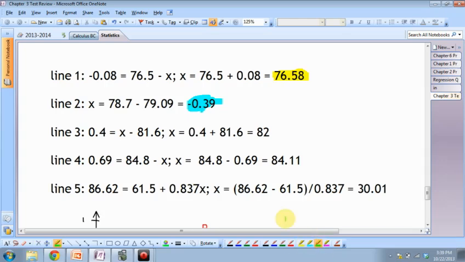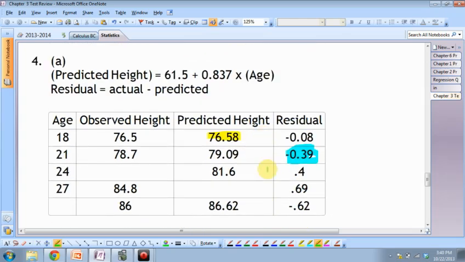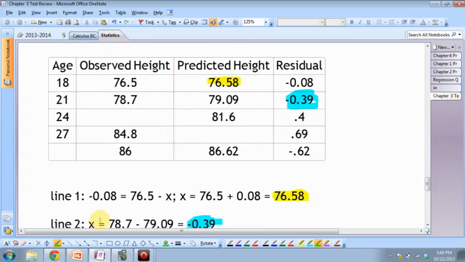If you solve, you get 82. So I'm just going to take that 82 and write it in there. Okay, that's about 82 there.